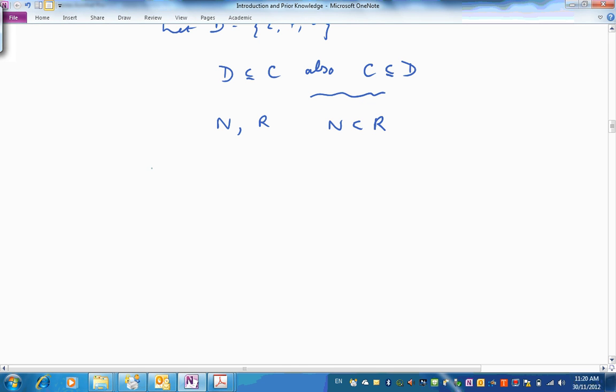We can write 6 is a member of Z or Z plus. So this means a member of, or an element of. Here that little E-looking thing means is an element of. So we can use that as well.